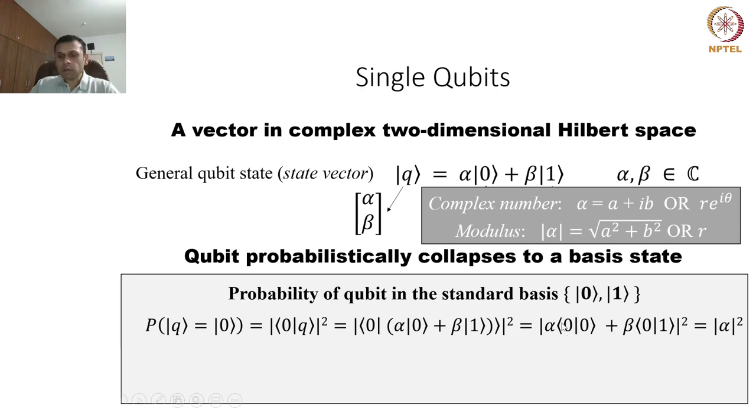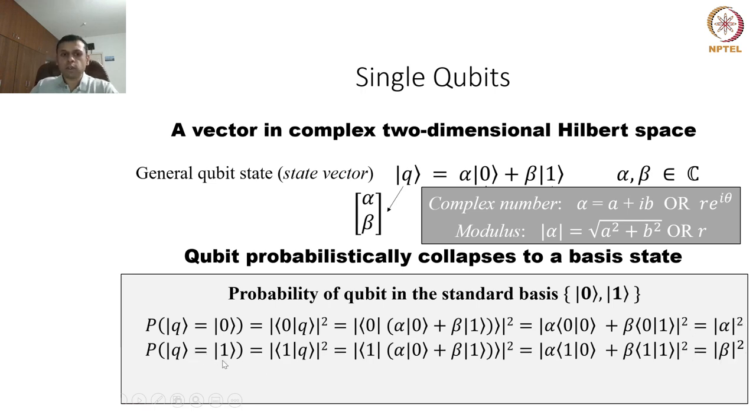We can take the alpha out, and we get the bra 0 applied to the ket 0, plus we take the beta out, and we have the bra 0 applied to the ket 1, and we take the modulus and the square. Now, as you have seen, the bracket 0, 0 is 1, and the bracket 0, 1, because they are orthonormal basis vectors, is 0. This term vanishes, and all we are left with is alpha. So we get mod alpha squared.